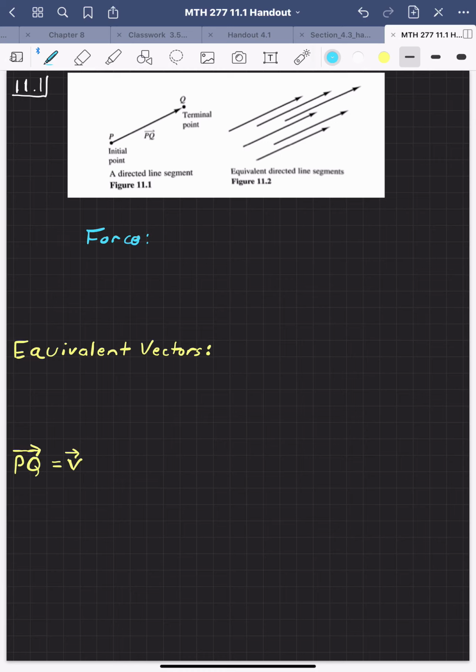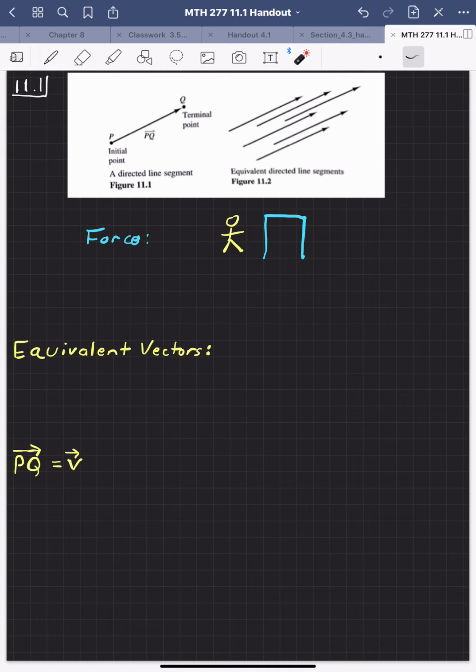So let's assume this is some object. Don't get jealous about my ability to draw throughout this class. Okay, just contain yourself. But if you told me that you were applying a force, pushing on this object, simply telling me the magnitude of the force is not enough information.